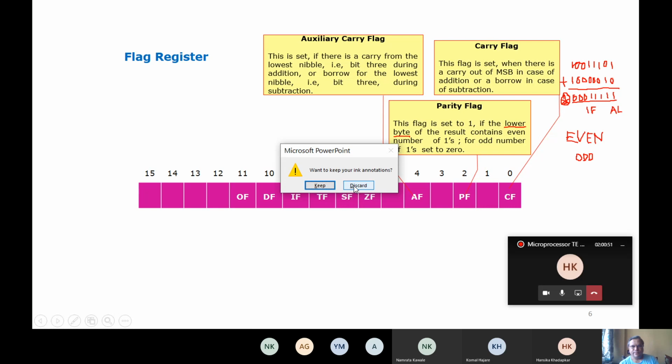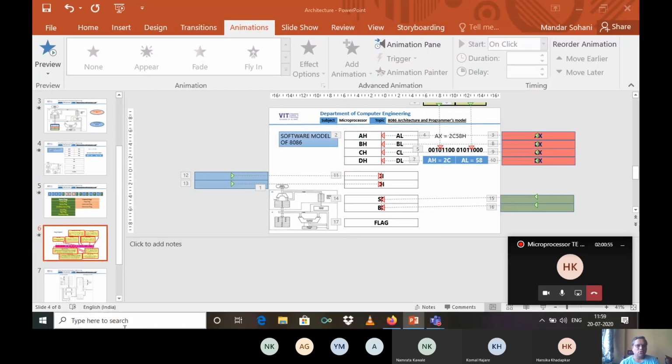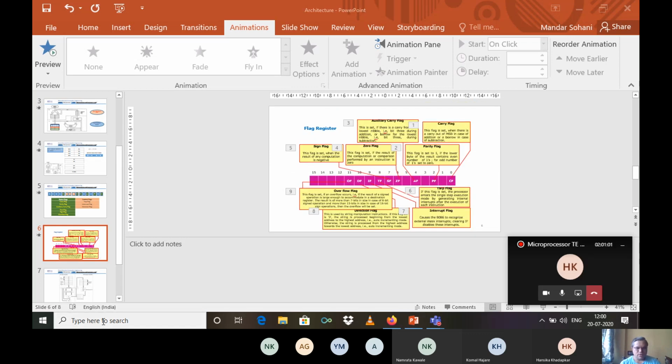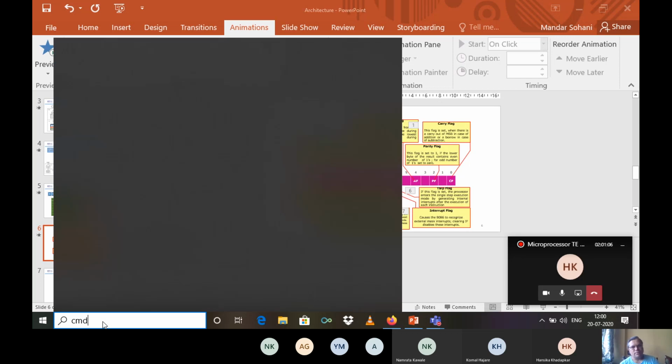Just a moment. That will give you a fair idea about what exactly I wanted to say. So, okay, now I think the desktop is visible to you. I will just type CMD over here. Are all the things that I'm doing visible to you?